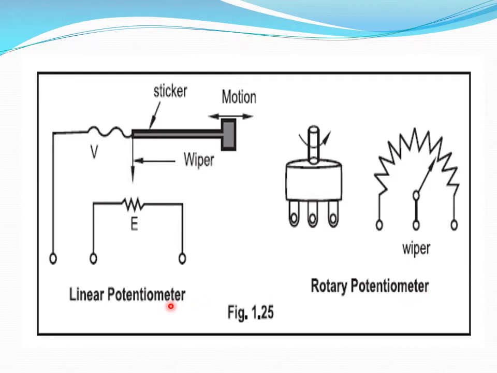In a linear potentiometer, this is the schematic. We can see the wiper movement happening along this direction, and according to the wiper position you can monitor the linear position of this element.